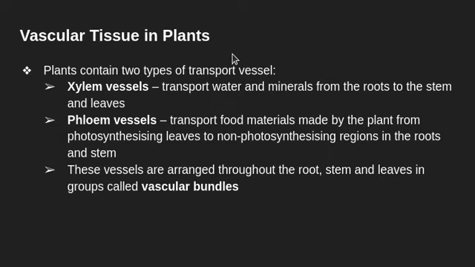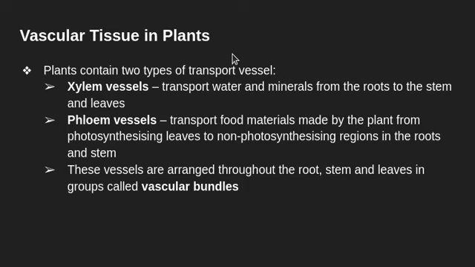The xylem vessels transport water and dissolved minerals from the roots to the stem and leaves, right? So the roots are responsible for just trapping the water into the plant, but then the xylem vessels will take over from the roots and transport this water and all the dissolved minerals in it to the stem and to the leaves, right?